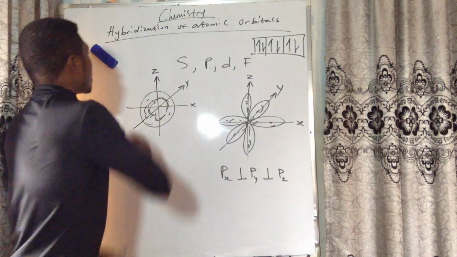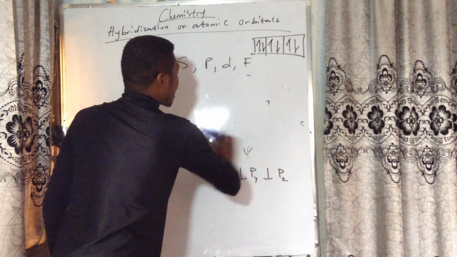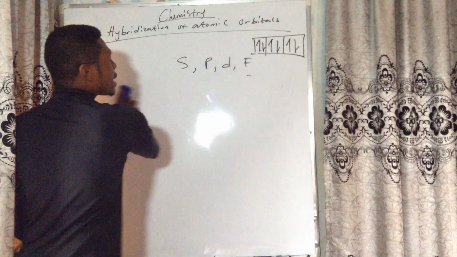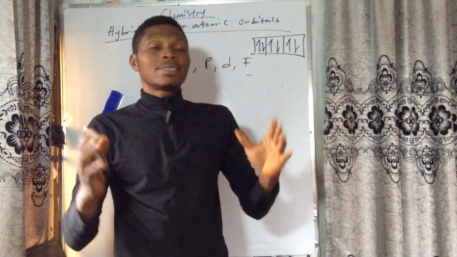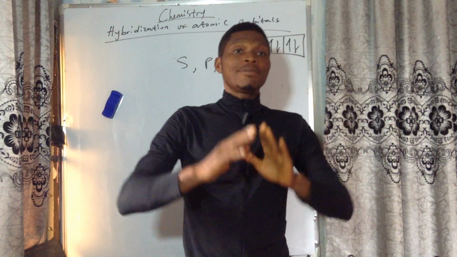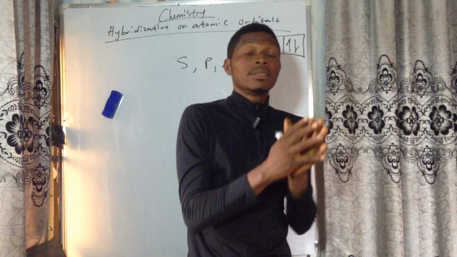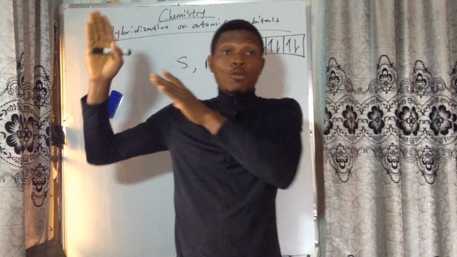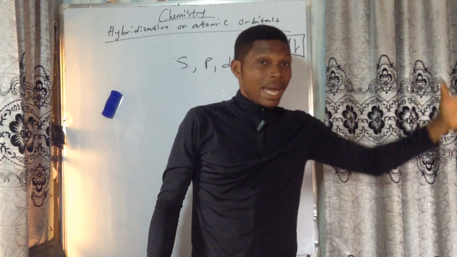Now, if an atom wants to form a bond with another atom, do you know what happens? As they are coming closer, their valence electrons will be repelling each other. That is, the valence electrons of one atom will be repelling the valence electrons of the other atom.